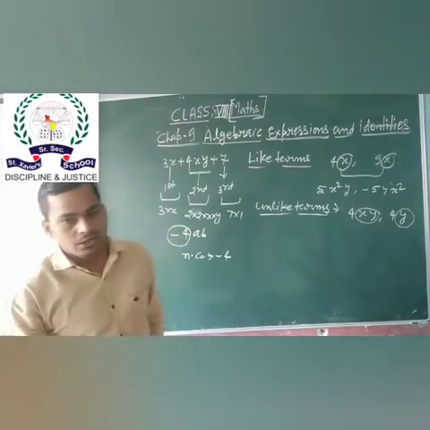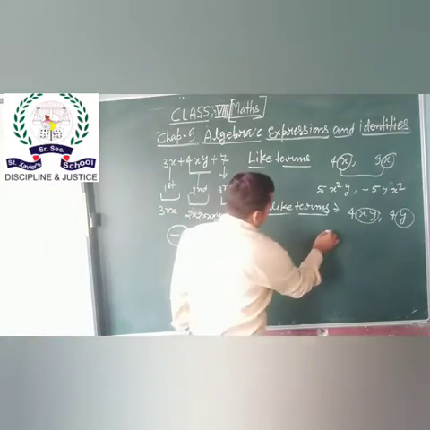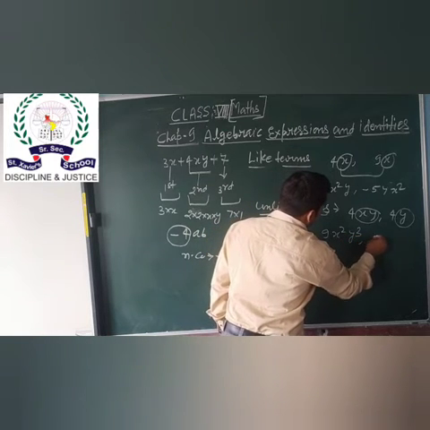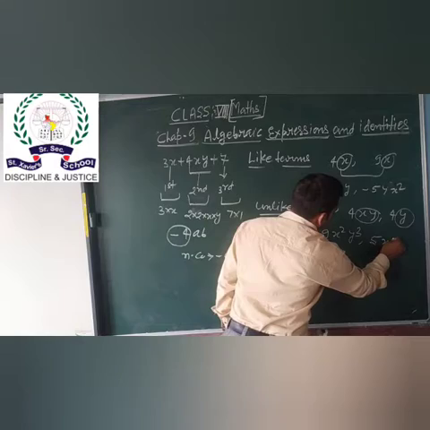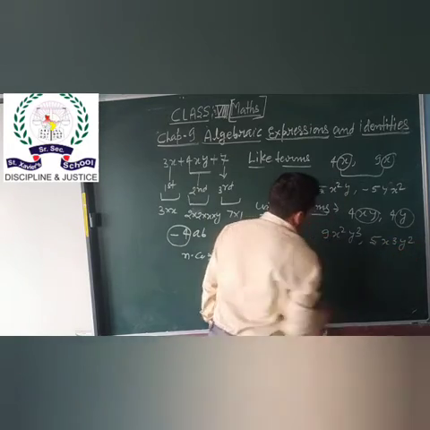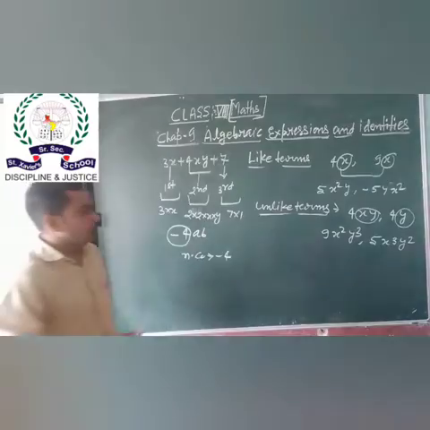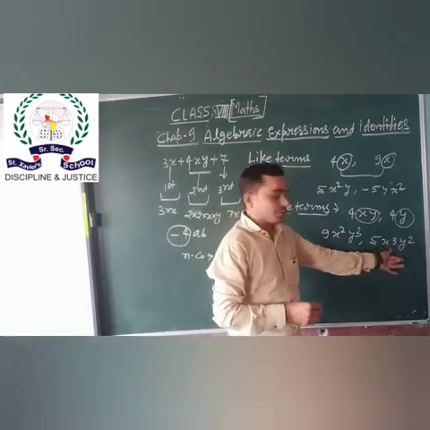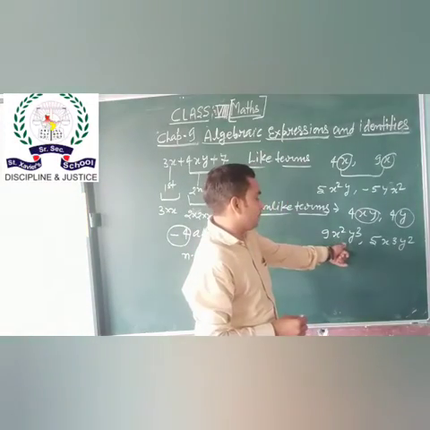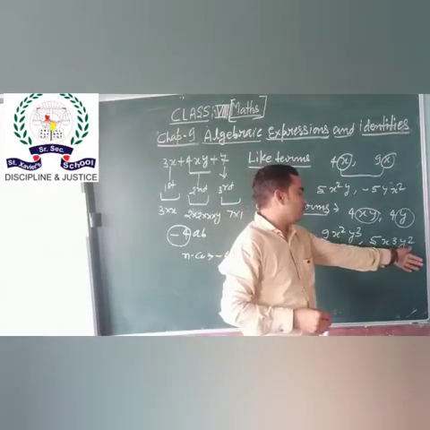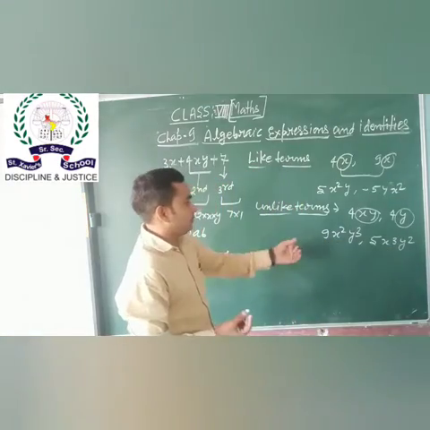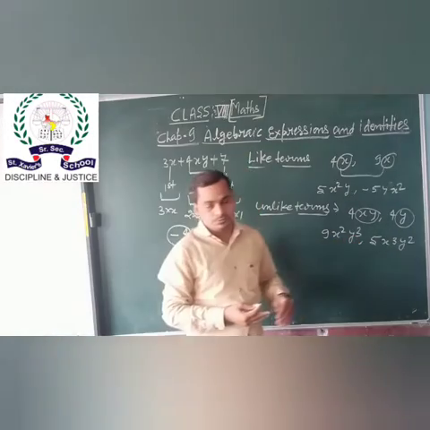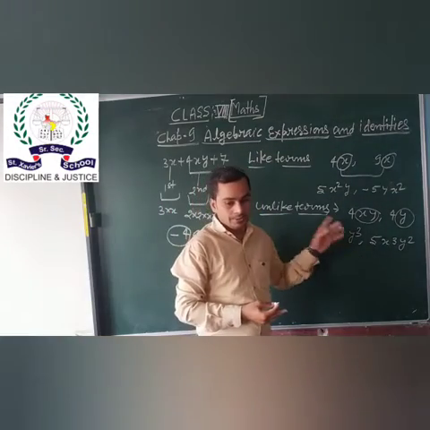So these are unlike terms. 9x square y cube and 5x cube y square are also unlike terms, because here we have x to power 2 and in the other term x to power 3, and y to power 3 and y to power 2. So the variables are the same, but the powers are different, so they are also unlike.